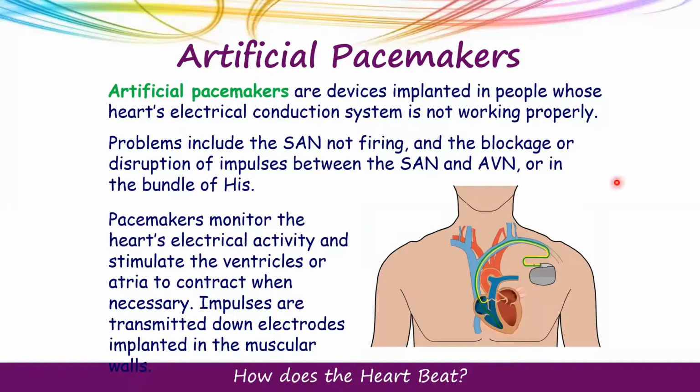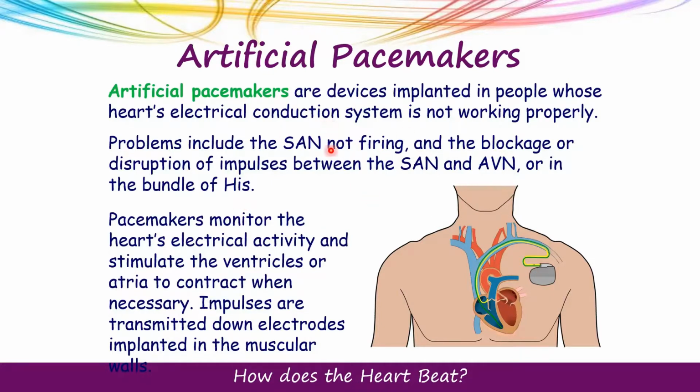All right then, artificial pacemakers are devices which are implanted in people whose heart's electrical conduction system is not working properly. So if the sinoatrial node is not firing properly, or if there's a blockage, or something wrong between the sinoatrial node and the atrioventricular node, because the atrioventricular node picks up from the sinoatrial node, or there is something wrong in the bundle of His.